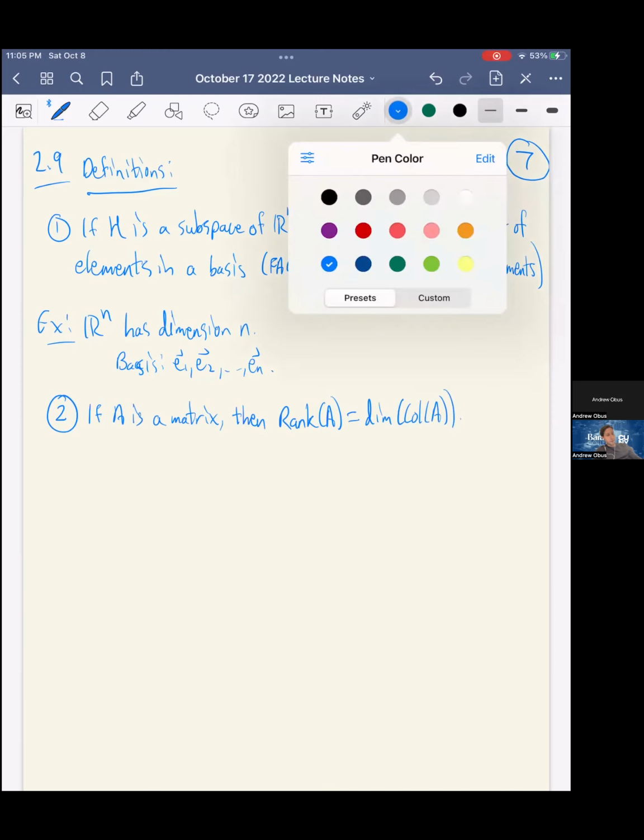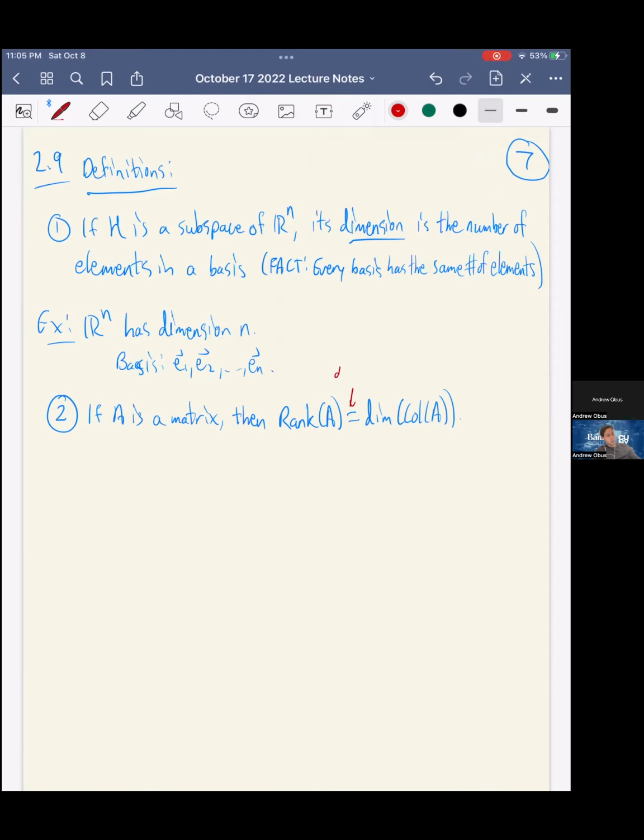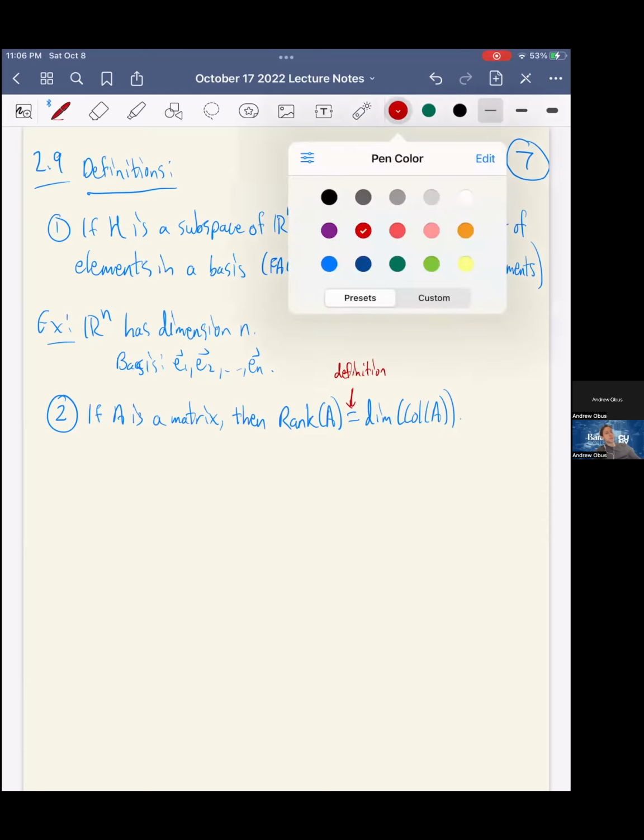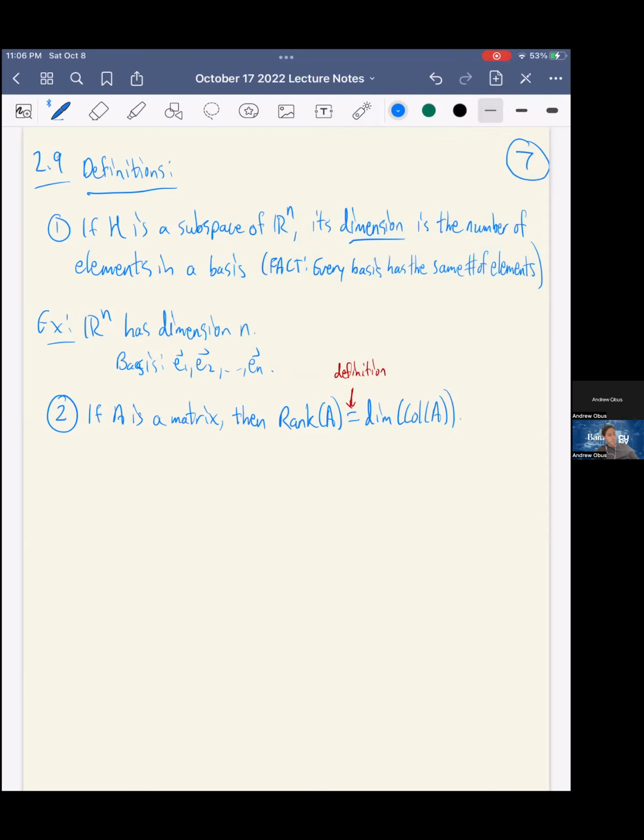So this is a definition here. What does it mean to say the rank of a matrix? We mean that it's the dimension of the column space of A, meaning the number of elements in a basis of the column space of A. What did we see beforehand?